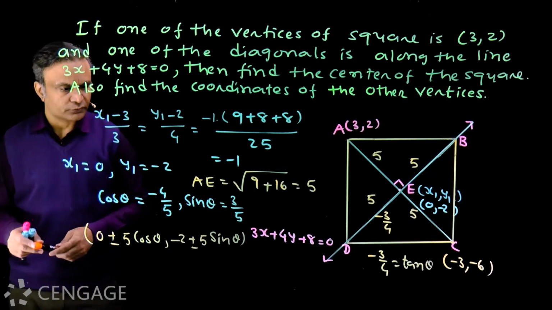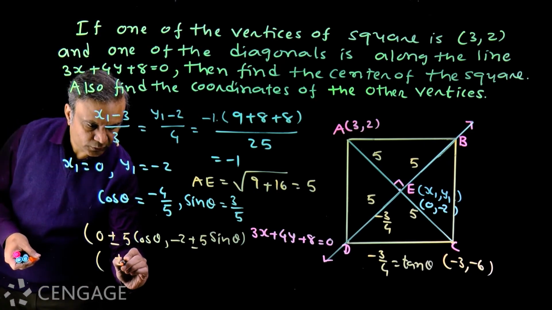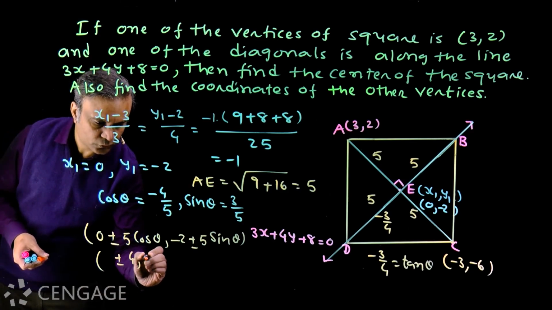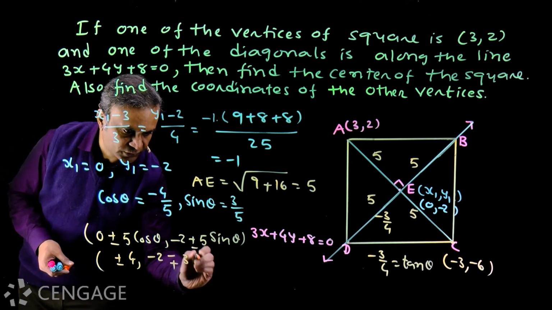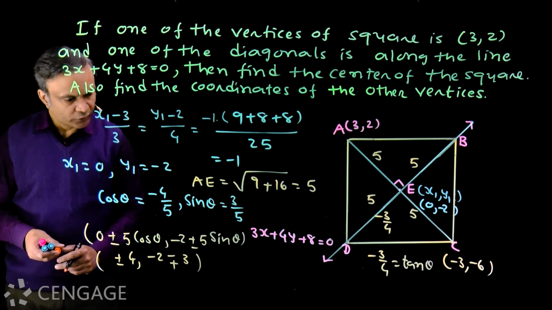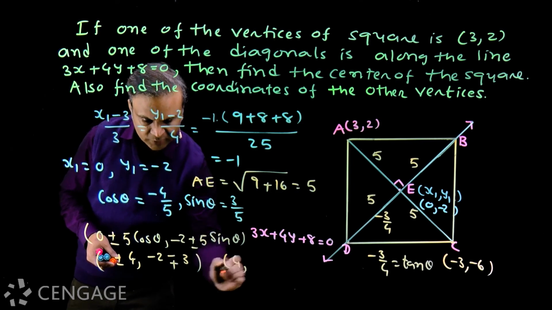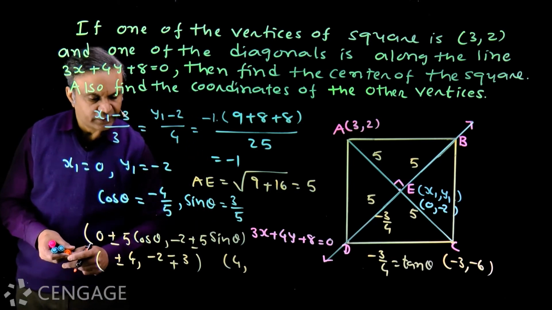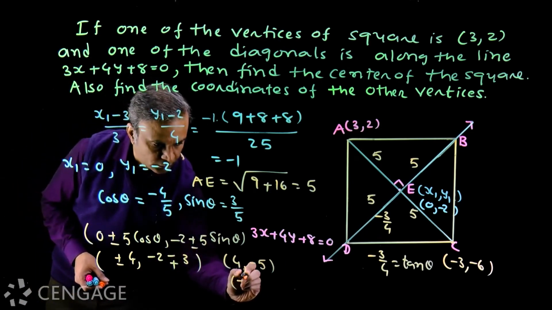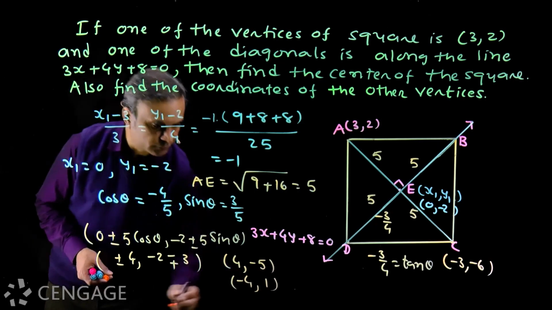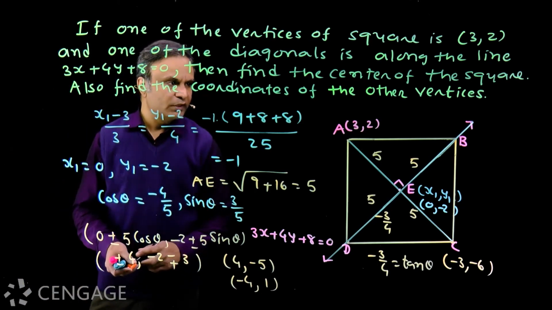I am using that formula. Put the values of cos theta and sin theta. We have here (±4, -2 ∓ 3). So coordinates will be (4, -5) when we take plus sign from here and minus sign from here, and (-4, 1) when we take minus sign from here and plus sign from here. So we have coordinates (-4, 1).